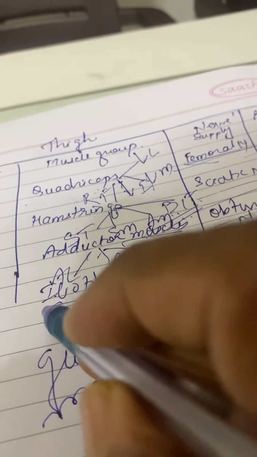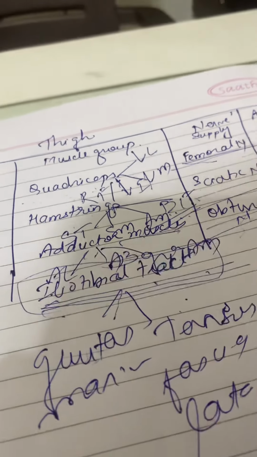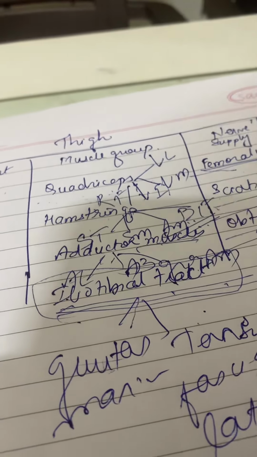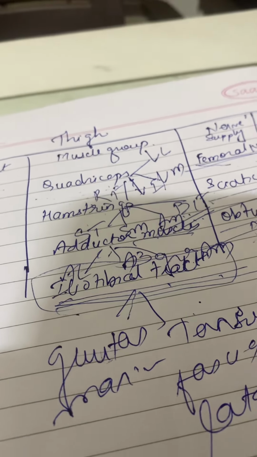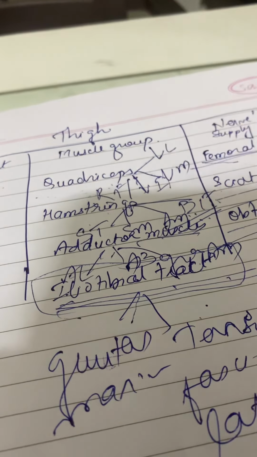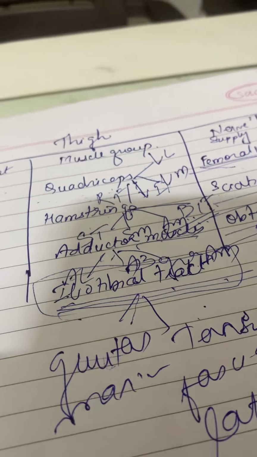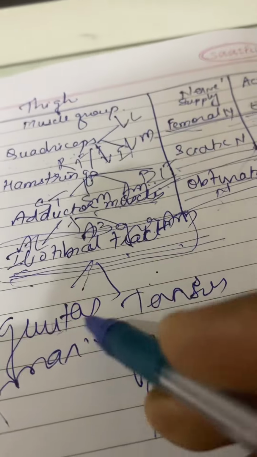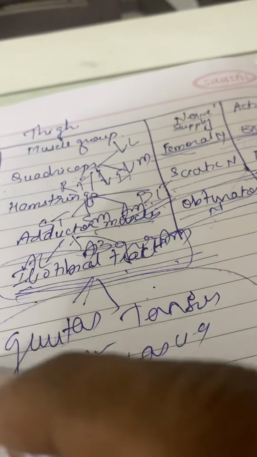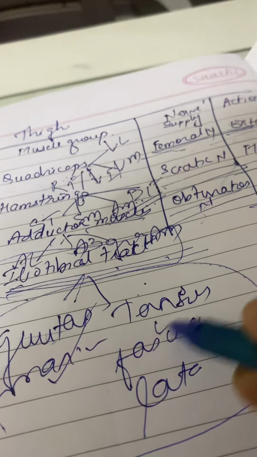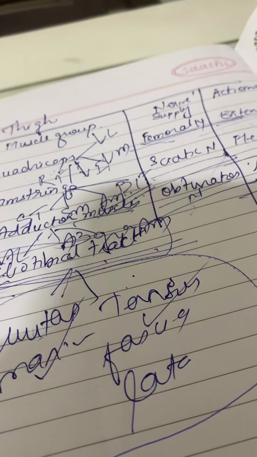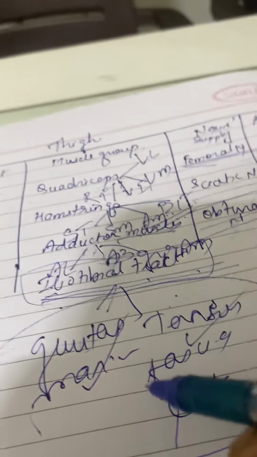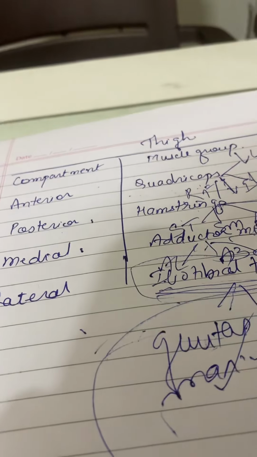This lateral compartment is considered the safest compartment of the thigh for giving intramuscular injections, especially in infants or very small babies. There is no specific nerve supply here. Gluteus maximus is supplied by the inferior gluteal nerve, and tensor fasciae lata is supplied by another nerve. We'll talk about this later when we discuss the iliotibial tract in detail.